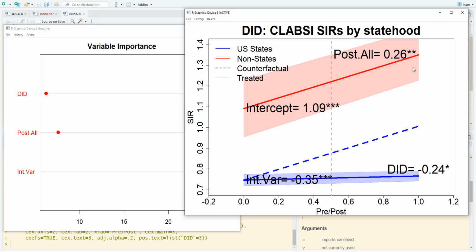This difference between these two would represent what that DID is.